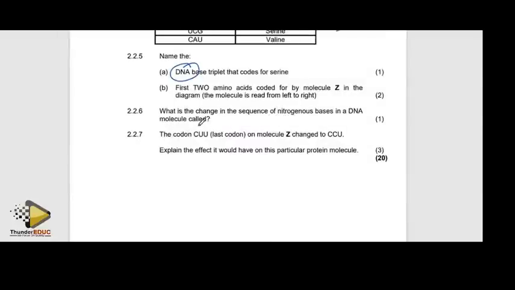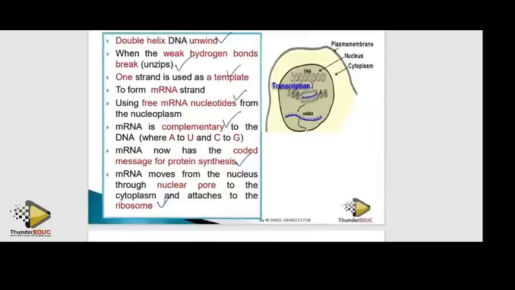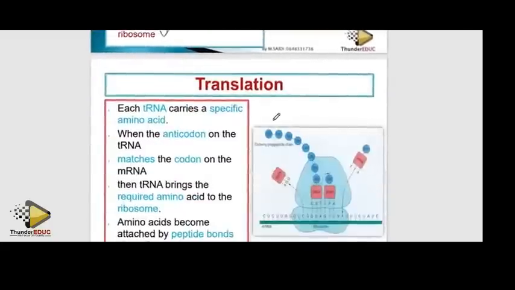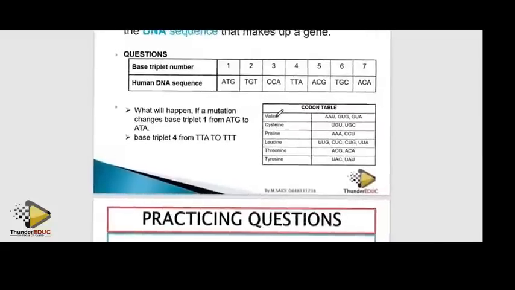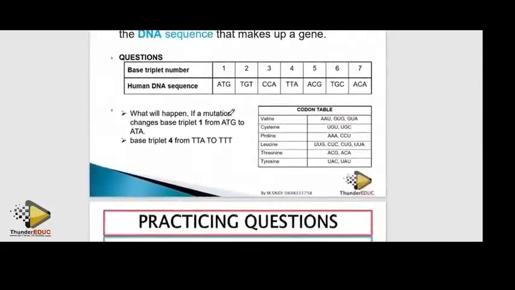Then they're saying the code for this on molecule Z changed to this. Explain the effect of this. This can also be answered by the book. If you go to the end of DNA, it is here: what will happen if this mutation changes the triplet one to this?